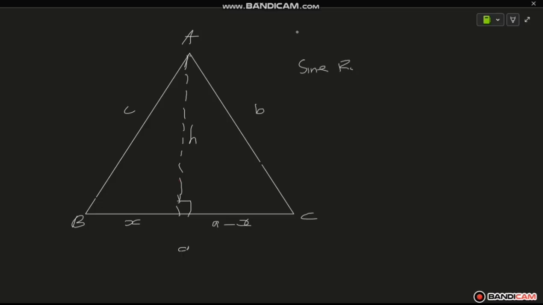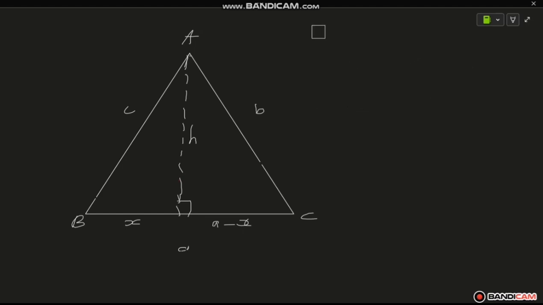When you're asked to prove the sine rule, you use trig ratios, as I was doing. When you're asked to prove the cosine rule, you use the theorem of Pythagoras. So that's the hint. You must remember this.